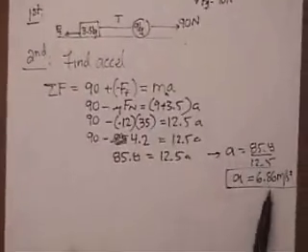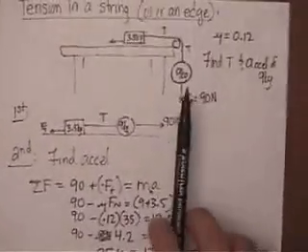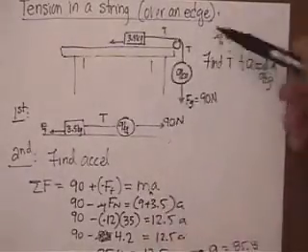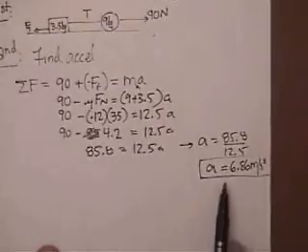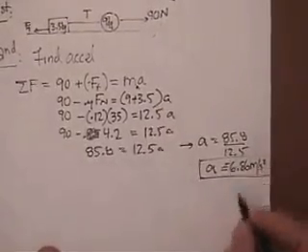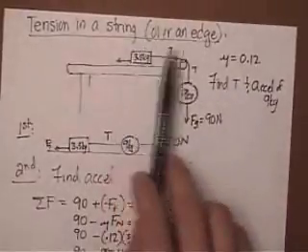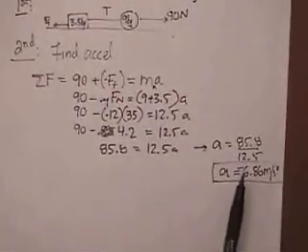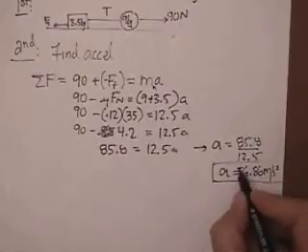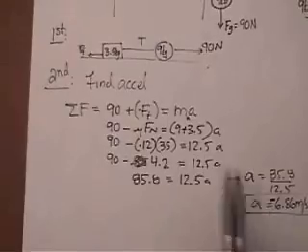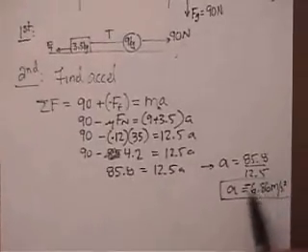If they specifically ask you, well, I did. I said, what's the acceleration on the 9 kilogram object? So because it's down, you'd put a negative on here. If they're asking you for the acceleration of the 3.5, well, then it's to the right, so you'd put a positive on there. Because I asked for the 9, I'm going to put a negative. It's right there, but I'm not going to use that negative anywhere. I'm just going to use it to answer a question if this was a multiple choice or here.